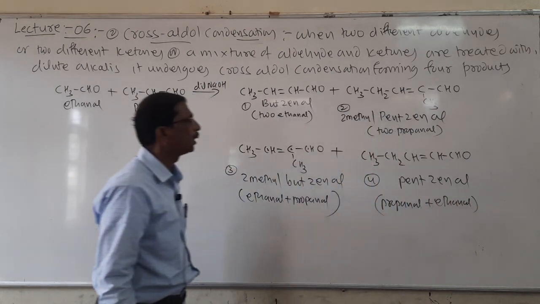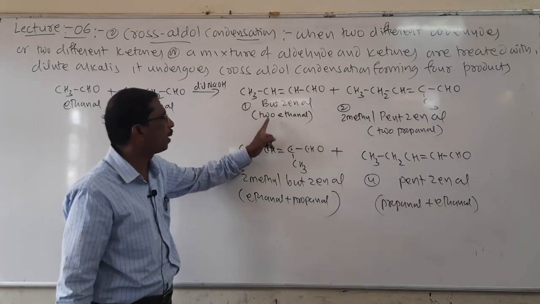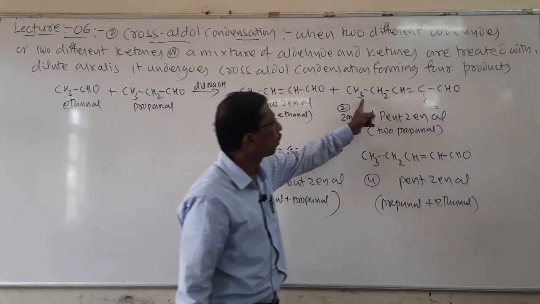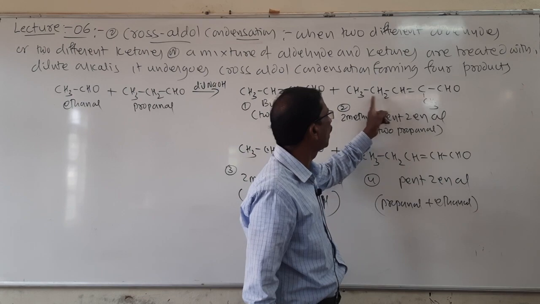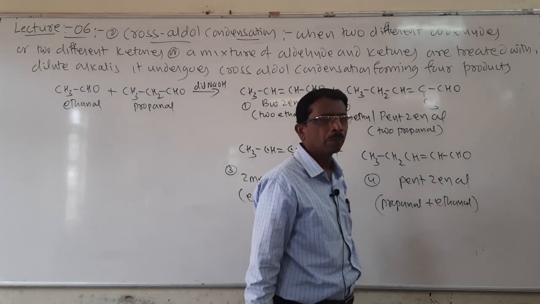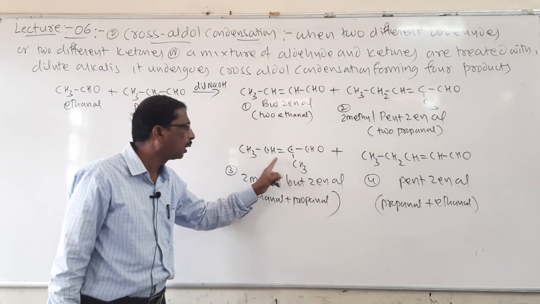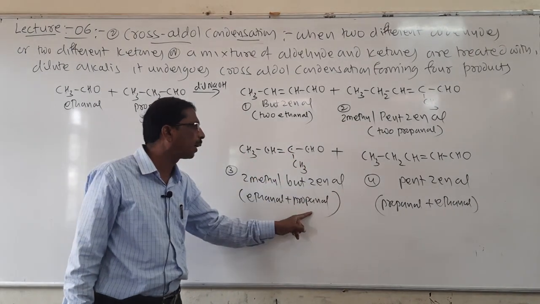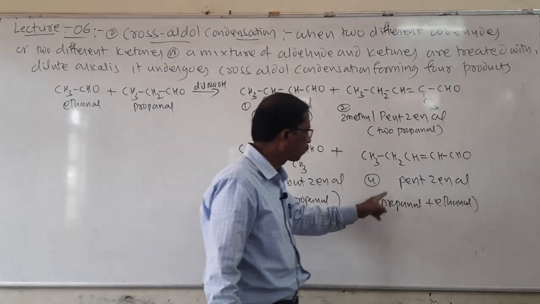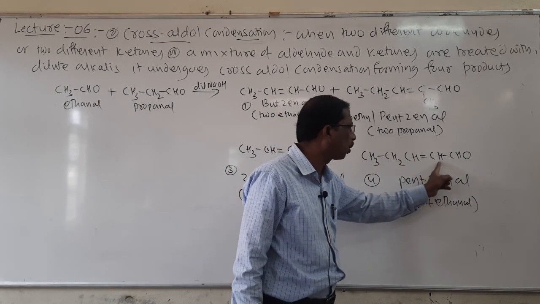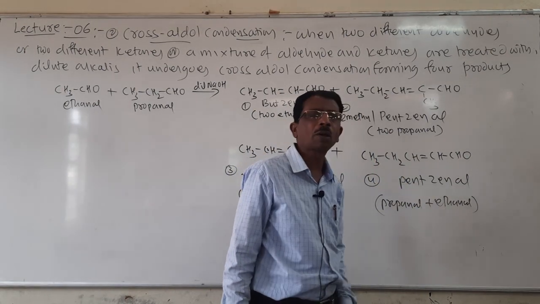Look here students, it is the combination here. This product is formed by 2 ethanal, this by 2 propanal, this by ethanal plus propanal, and this by propanal plus ethanal.